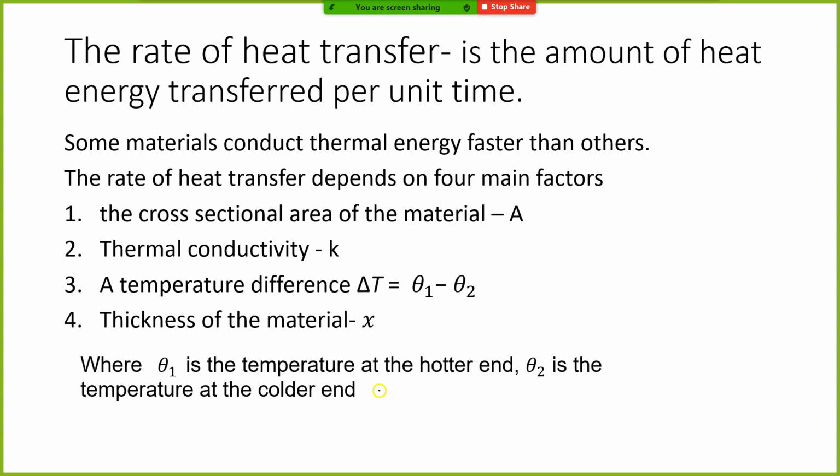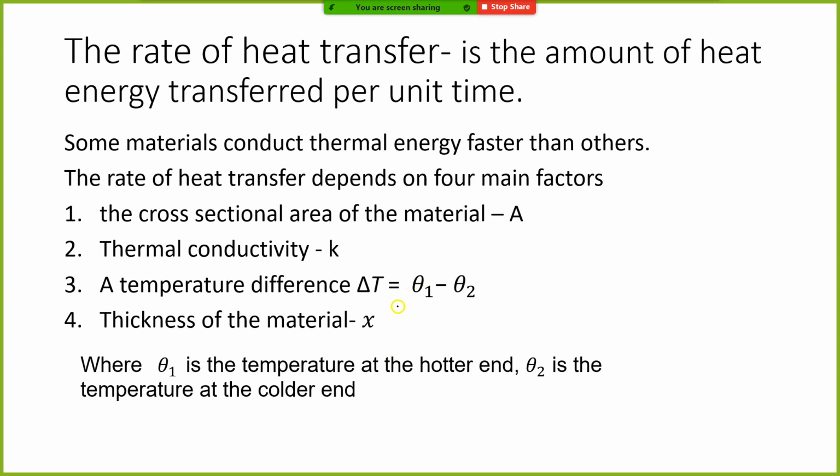Other textbooks can say that theta 2 is the final temperature and theta 1 is the initial temperature, but for us theta 1 is the initial temperature, and of course it's going to be the higher temperature in this regard, because remember, if you're doing heat transfer, you're transferring the heat from a hotter region to a cooler region, right?